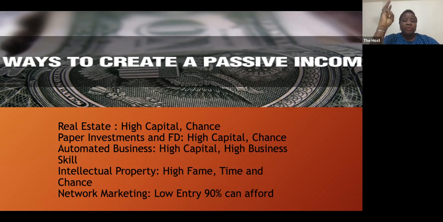Thirdly, number 3 is automated business. Talking about automated business, I gave an example of Dangote, I gave the example of Denuga and some other people, but I'd like to move a little bit abroad, talk about Bill Gates, talk about Steve Jobs, people who can technically resign from their business and don't need to work at it anymore because they've created a system.